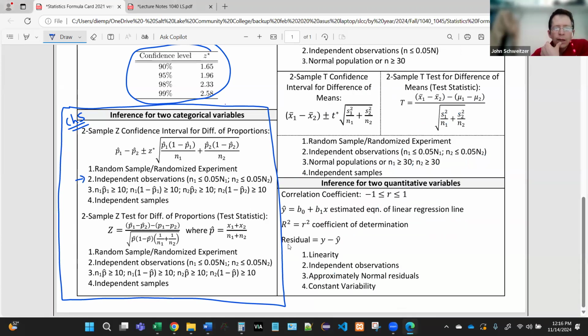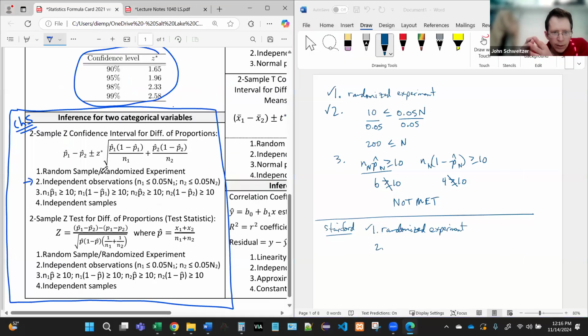Second, I do believe we have independent observations. That's within-sample independence. The 69 people who got the transplant is a very small number compared to everybody who's at risk for a cardiac event, right? So yes, 69 was the sample size for the first group. That should definitely be less than 5% of all people with heart issues, right?